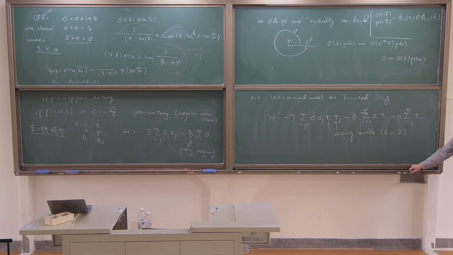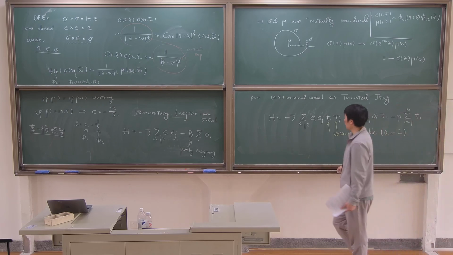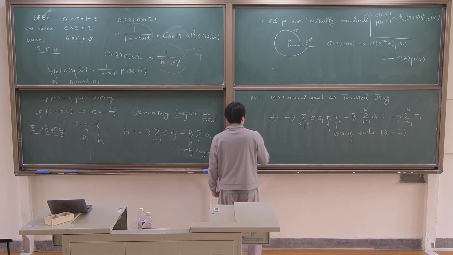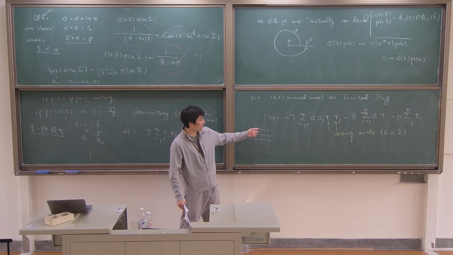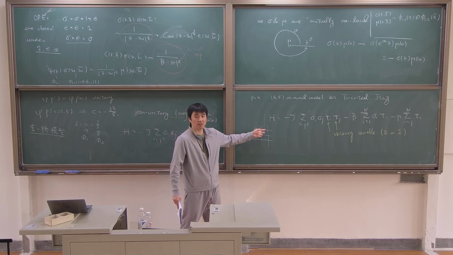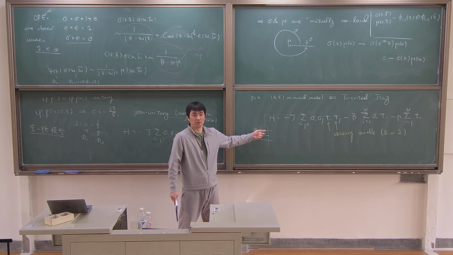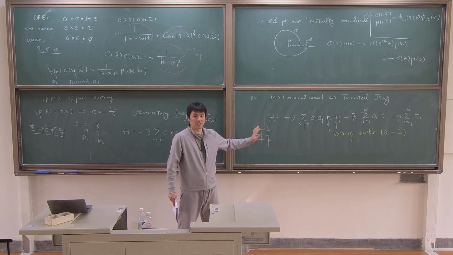In the previous case, we considered the case that at each site you have a spin up or down. But in the tricritical Ising model, you can have vacancies. A site can be nothing, so at each site there is no spin. That can be possible.